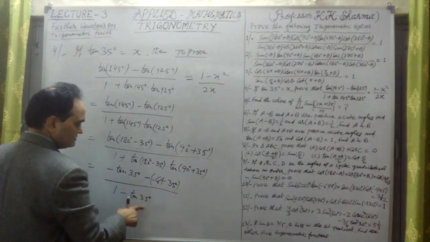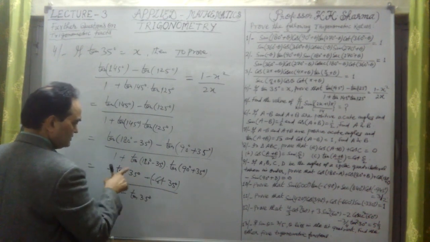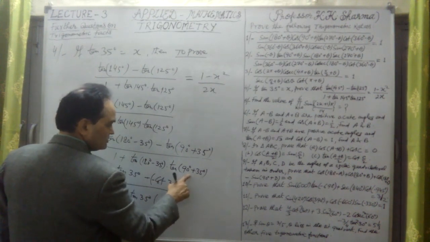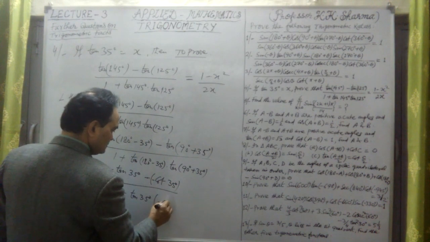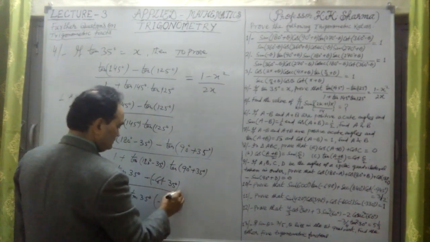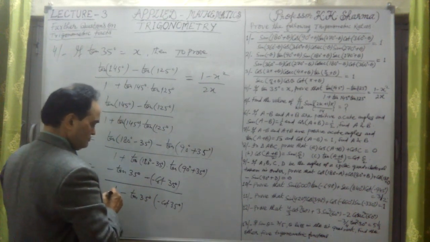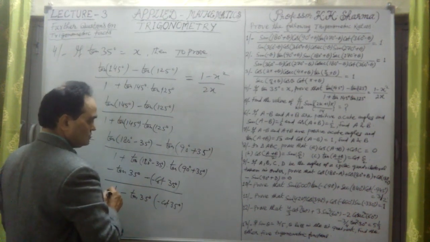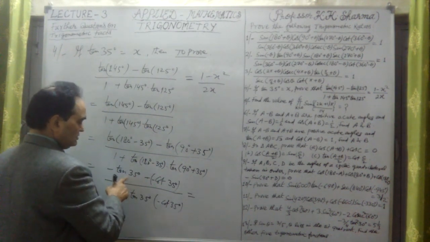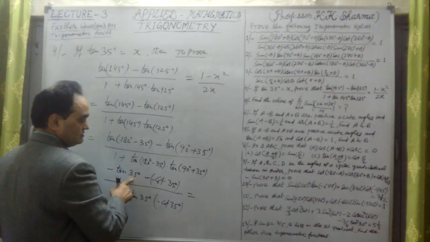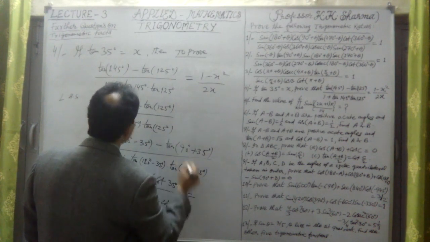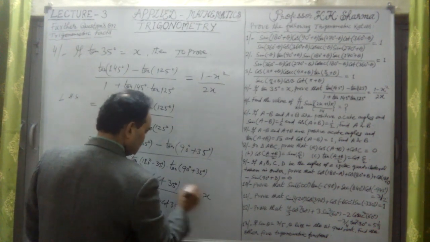Because it is minus tan 35 degree, the sign has become negative, into tan of 90 plus theta, which is minus cot 35 degree. In the numerator we have minus tan 35 degree, that means minus x here, for tan 35 degree is x.